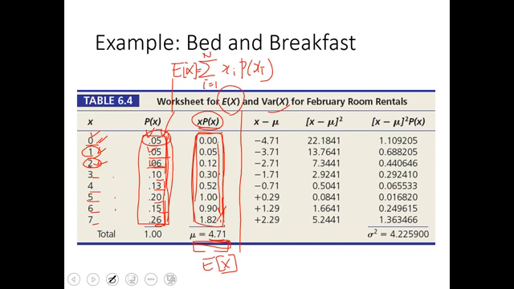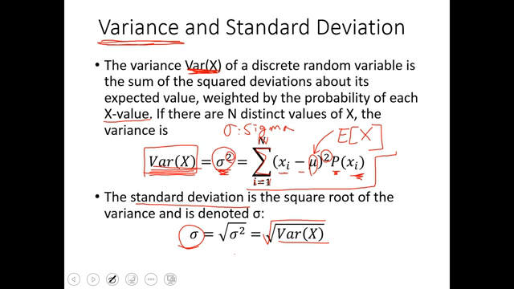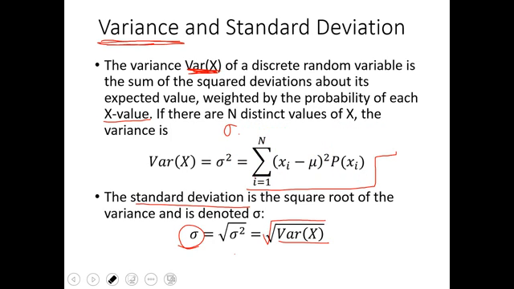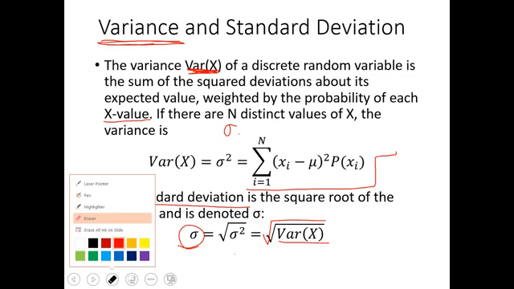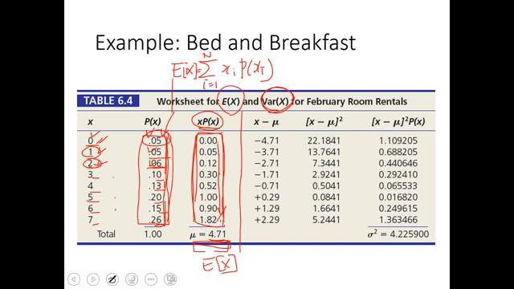Now let's calculate the variance. Let's see the equation for variance. You should calculate (xi minus mu) squared, where mu is the expected value.